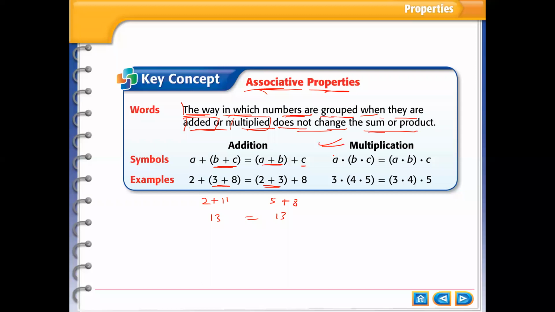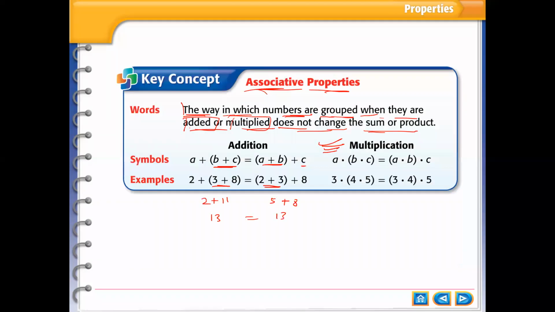Now, if we see the example of multiplication, you can see what we are doing. I have first multiplied B with C, then I have multiplied it with A. And here I have multiplied A with B, then I have multiplied the answer with C. So let us check whether we will get the same answer or not. 4 5s are 20, 20 into 3.